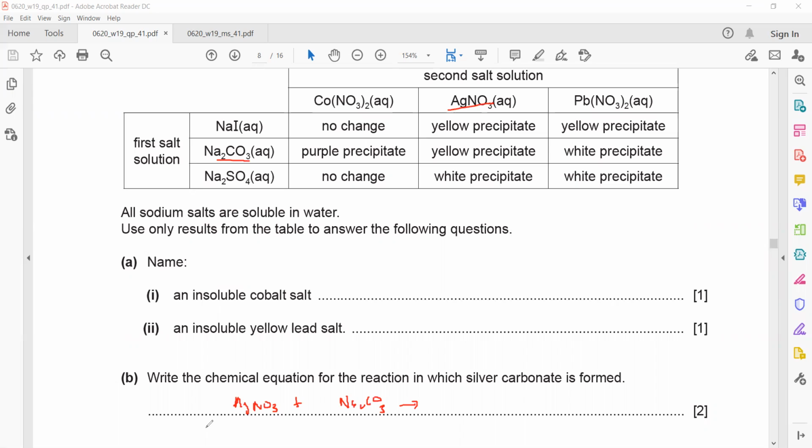This will result in the formation of silver carbonate, which is Ag2CO3, plus sodium nitrate, and the equation must be balanced. If I put 2 here and 2 here, sodium is balanced, carbonate is balanced. So all of them are balanced.